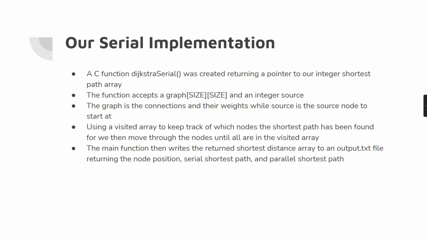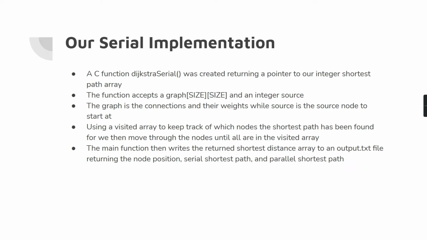This is how we did our serial implementation. We made a C function called Dijkstra serial, and this would take a graph that was a 2D array that we had generated with the Python script, and it would take an integer that represents the index of the source node.